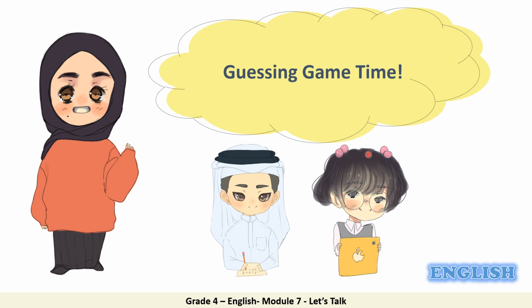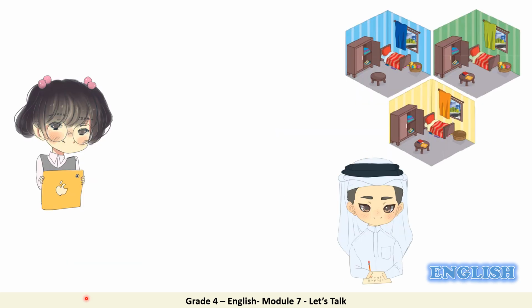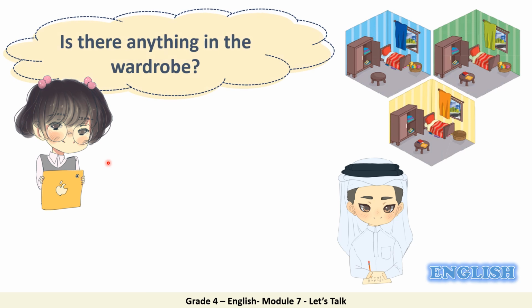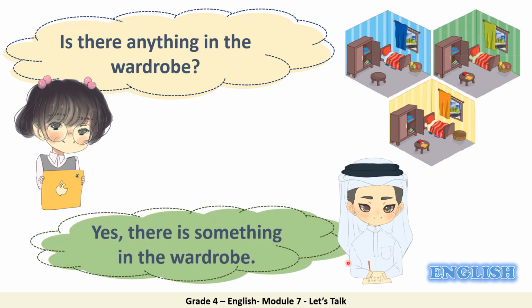It is the guessing game time with Noor and Ahmed. Pay attention, everybody, because Noor is going to ask questions and Ahmed is going to answer her. Let us see if Noor is able to guess the room. Noor will ask Ahmed, is there anything in the wardrobe? Ahmed would answer, yes, there is something in the wardrobe.